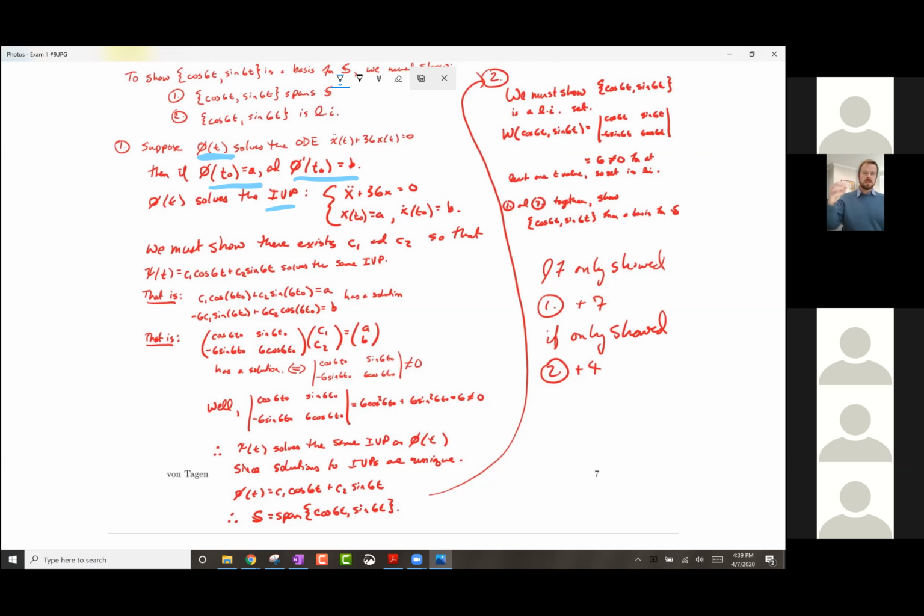Got it. Okay. Since IVPs are unique in this case, those two expressions must be equal to one another. Okay. So this is the big conclusion of this first part of showing the span, not the initial statement. Okay, that makes sense.